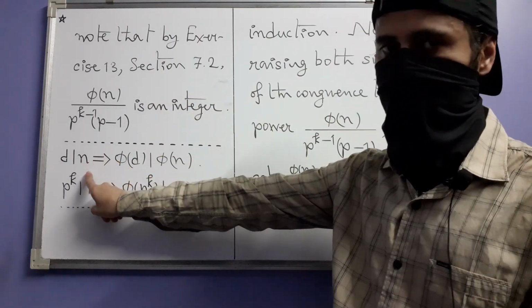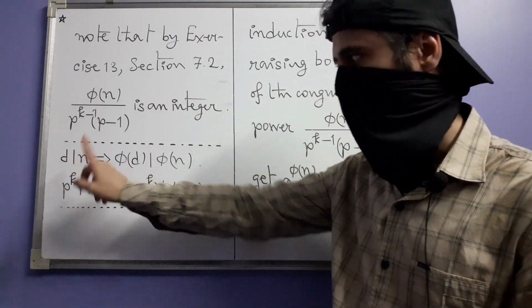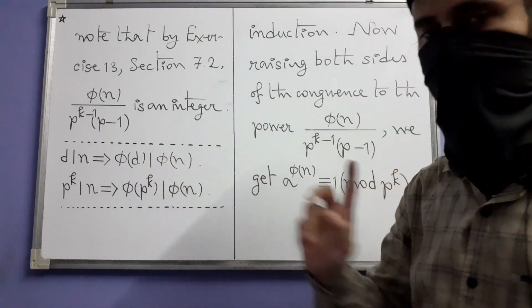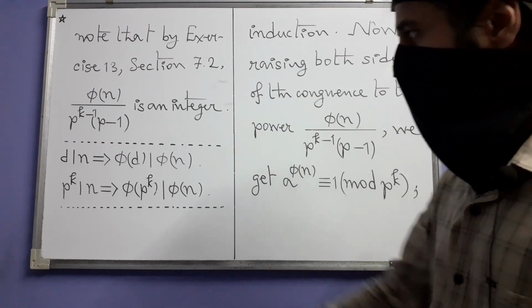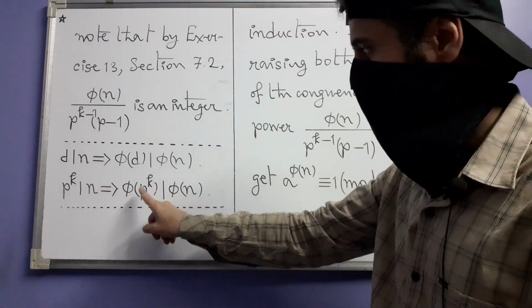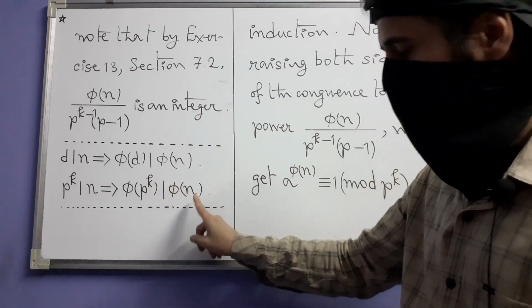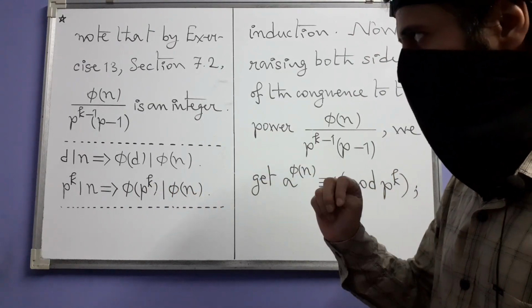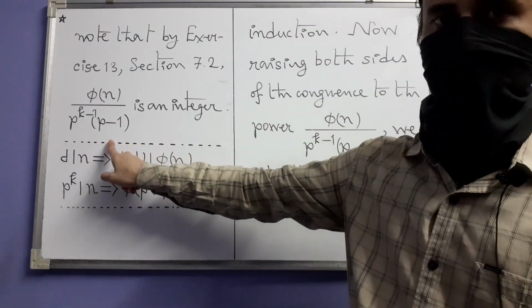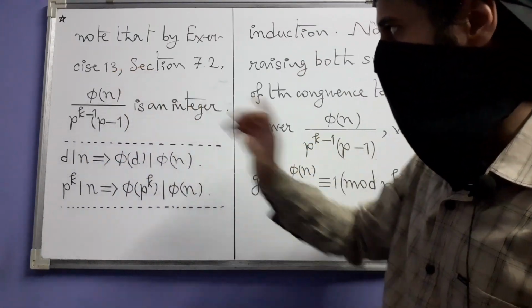Say n is a positive integer and d is a positive divisor of n. Then phi of d is a divisor of phi of n. If n is divisible by p to the power k, then the phi value of p to the power k will divide phi of n by this exercise. And note that phi of p to the power k is this denominator. So that is why this is an integer.